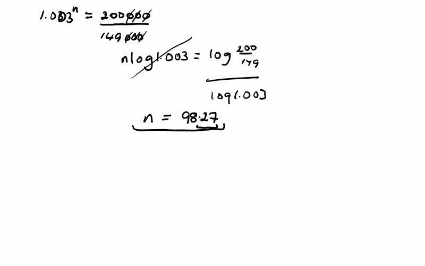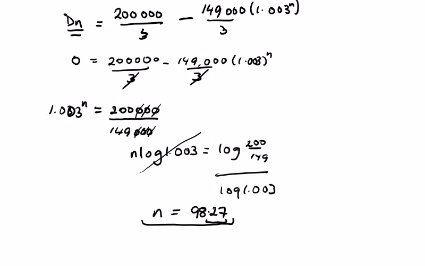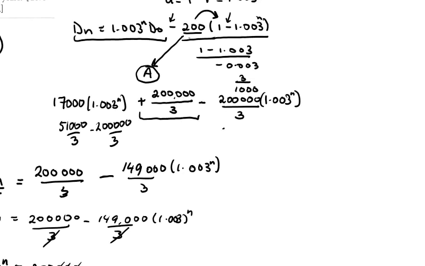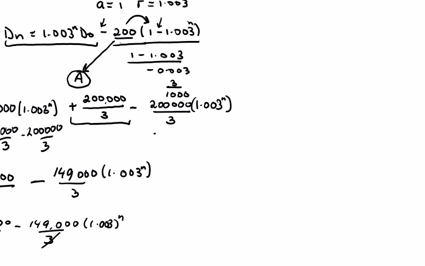Let's come to the end here. We have 1.003 to the power of n times D0, which was 17,000, minus A times 1 minus 1.003 to the power of n over minus 0.003.